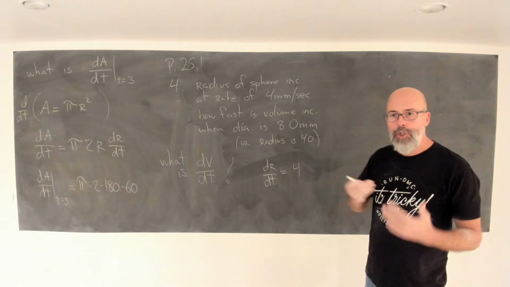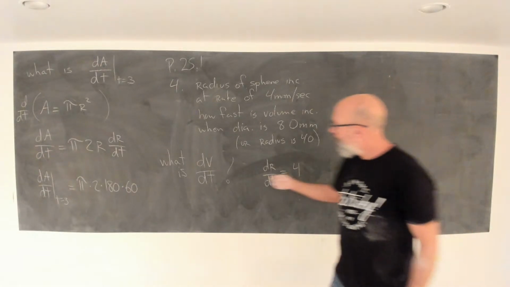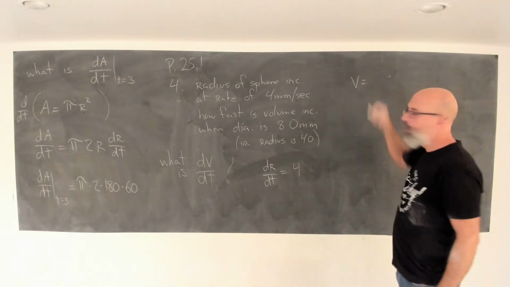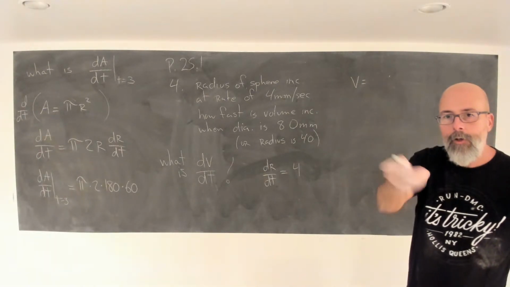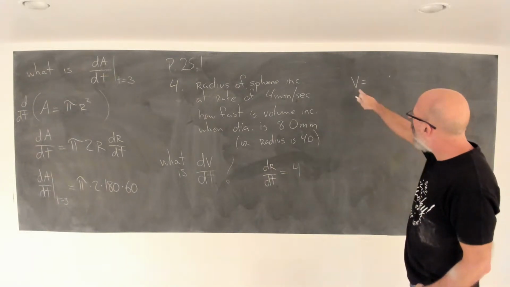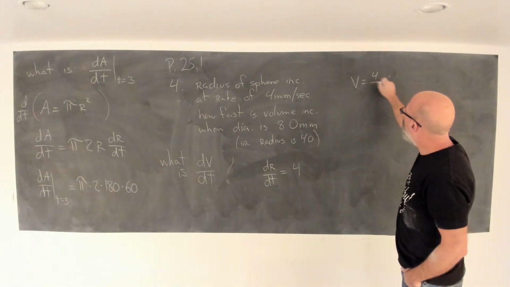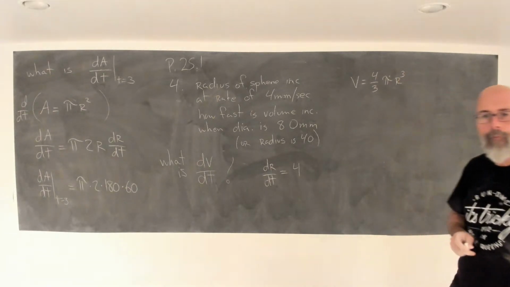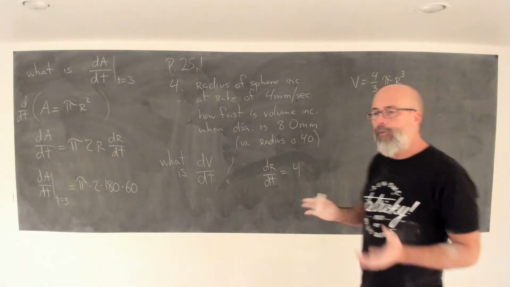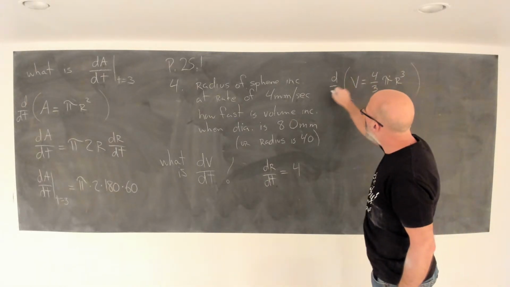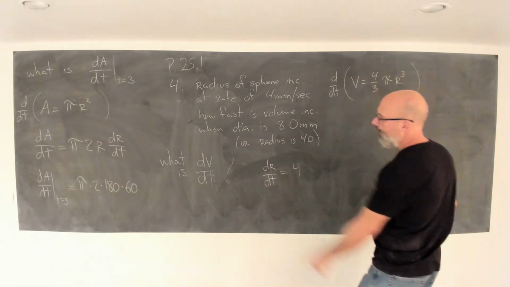Is there a relationship between the volume and the radius? Well, of course there is, and you know exactly what it is. As Matt has pointed out, the volume of a sphere is 4/3 pi r cubed. So differentiate the whole equation with respect to t.